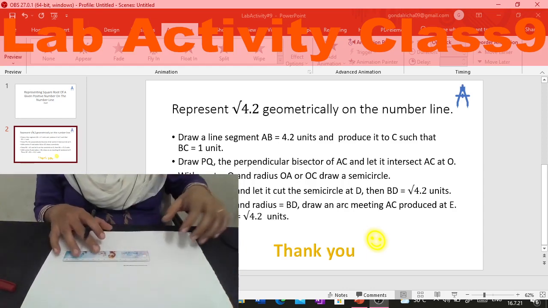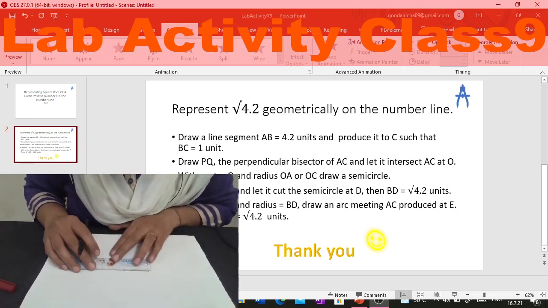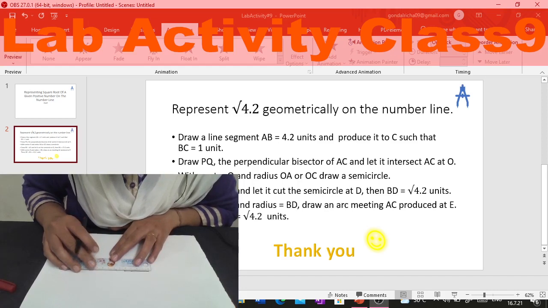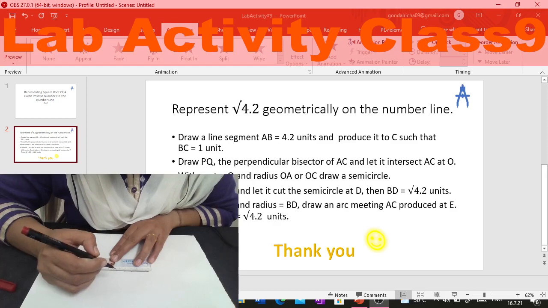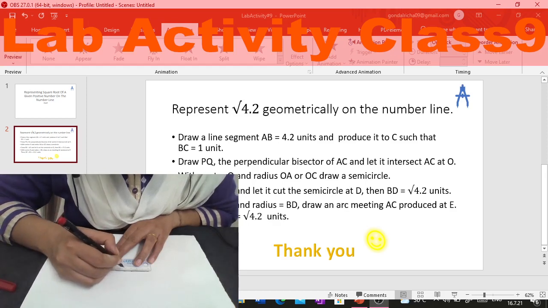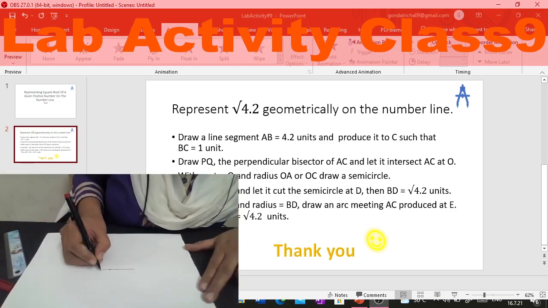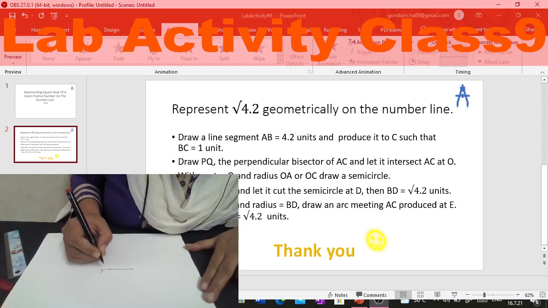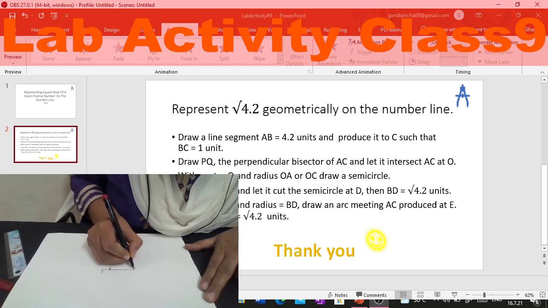Then I will produce it further 1 centimeter and label the point here as C. So see here it is C. Here this is point B, this is A.